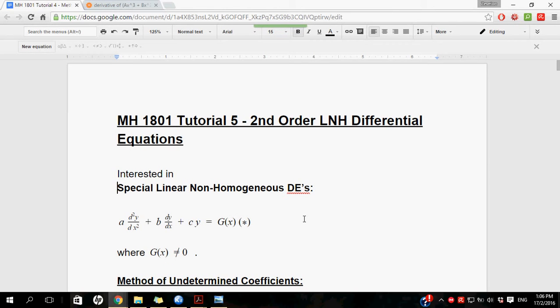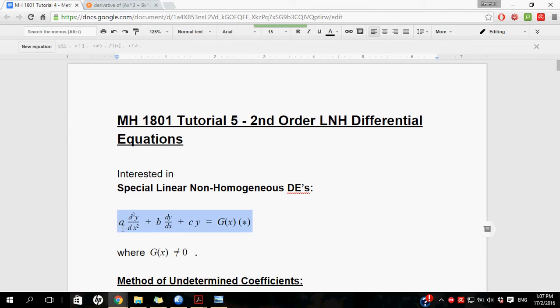In this tutorial we'll be focusing on second order linear differential equations that also have the property of being non-homogeneous. In particular, we're going to look at differential equations of this particular form. On the left hand side, you see we have what we encountered in the previous tutorial.